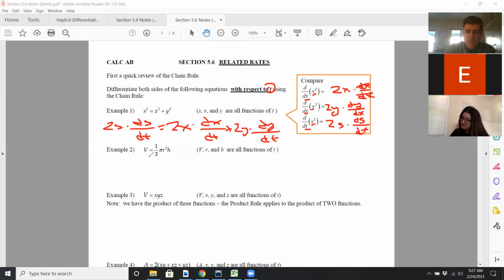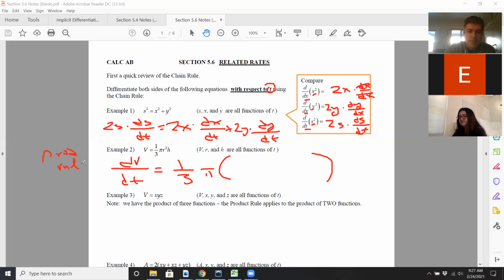So let's do the same thing for example 2. That's dV over dt, because the derivative of V is 1, but we have to put dV over dt. And then you have to be careful here. You're going to have to do a product rule for r squared h.